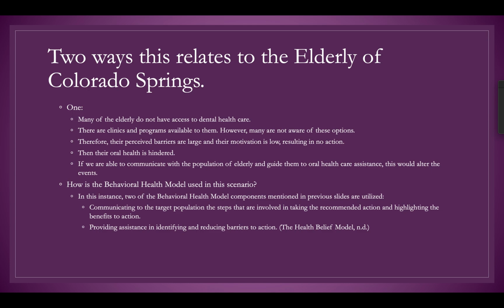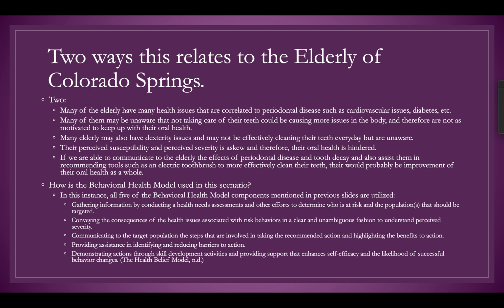If we can find a way to tell these elderly about these programs and grants that we have to assist them, then maybe they'll be more likely to reach out and be a part of these programs. But right now they just have these big barriers, and if we can tell them what barriers there are and help them find a way around them, that would really help them out a lot.